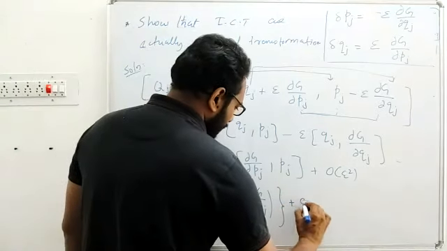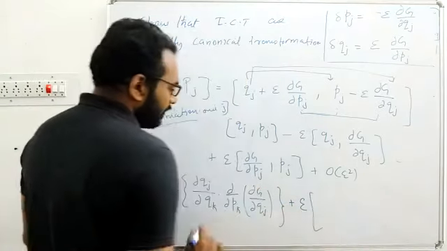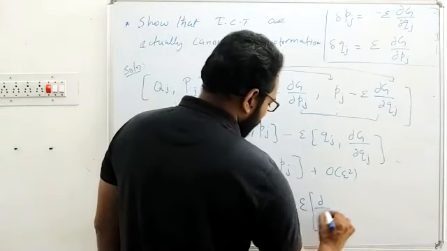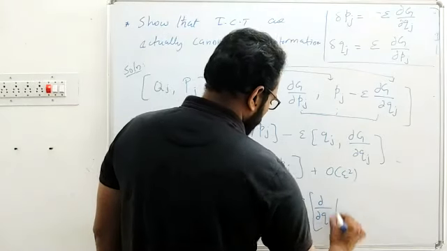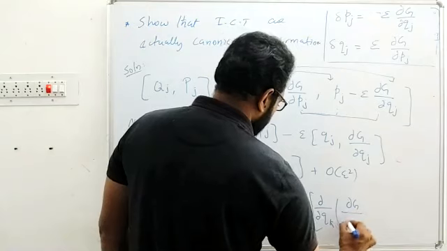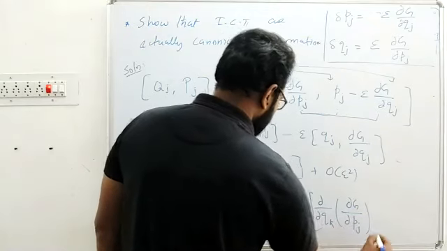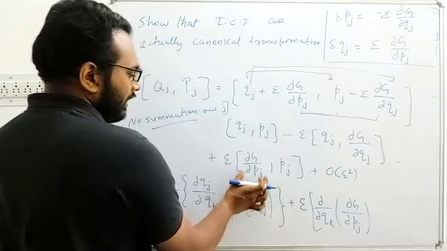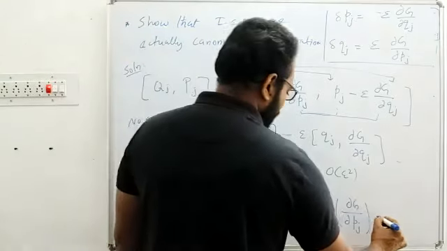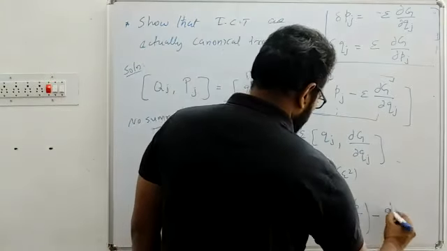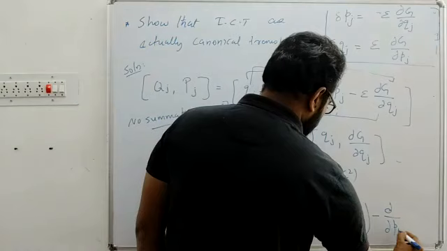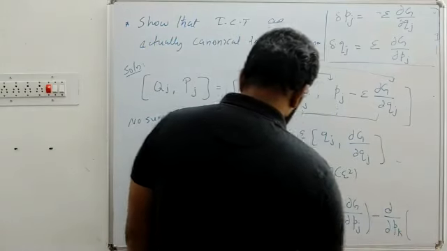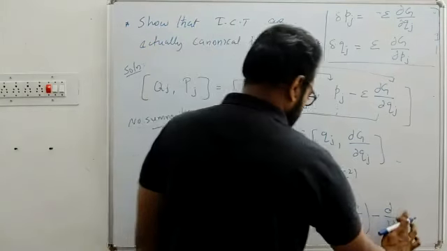Plus epsilon, this can be written as ∂/∂qk of ∂G/∂pj. So you're taking ∂/∂qk of this and then minus ∂/∂pk of pj.